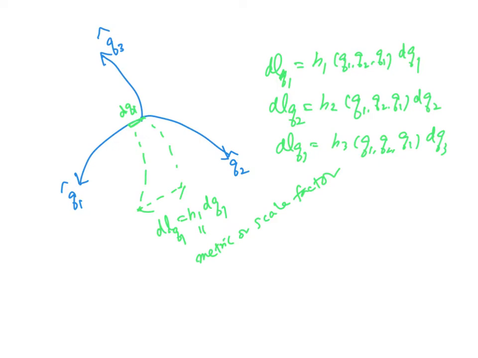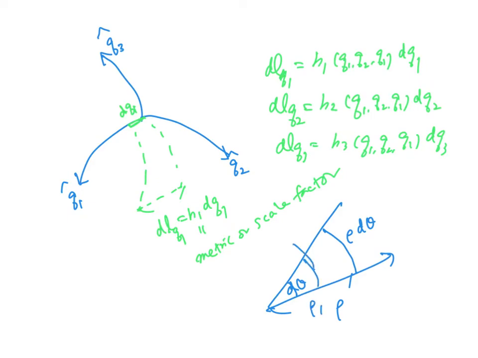So this can actually be seen from this very simple example of polar coordinate. Say this is theta, then this is rho d theta, right? If this is rho 1, then this is rho 1 d theta 1, right?